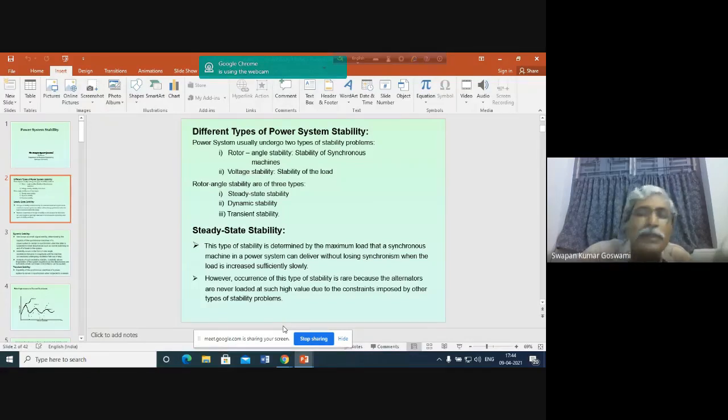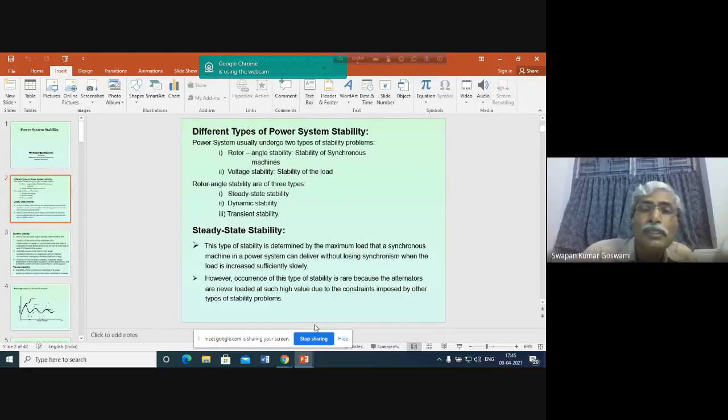And then people identified the problem of maintaining the stability of the load, the so-called voltage stability problem. So the problem of stability means the problem of maintaining integrated operation of a power system after a disturbance, and that disturbance may be in respect of disturbance of active power, or deviation of reactive power as well.